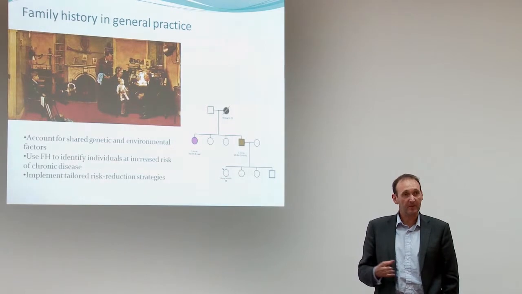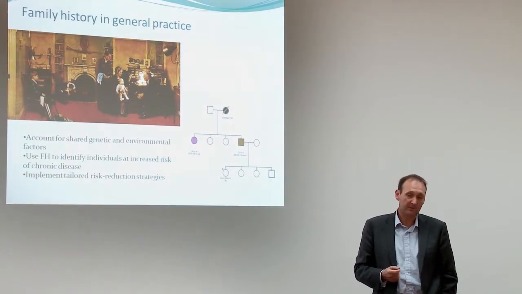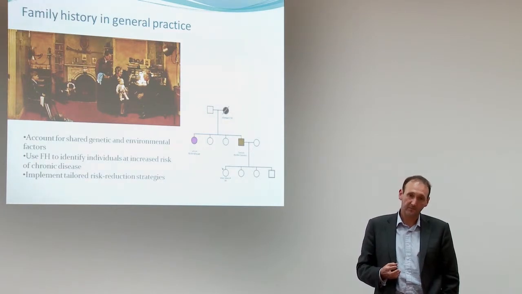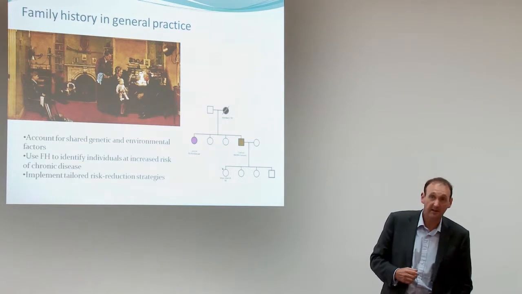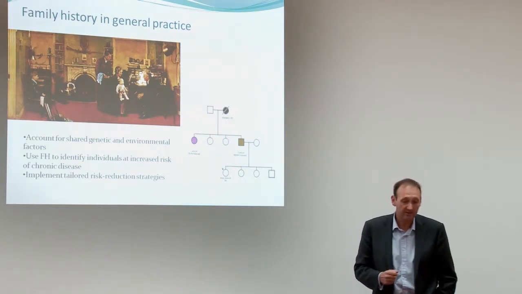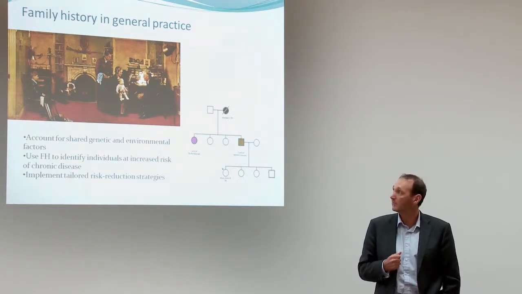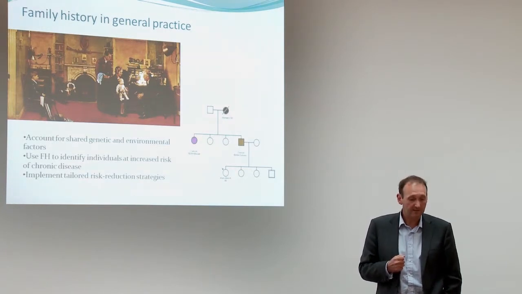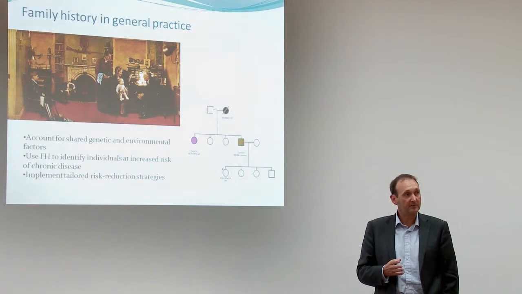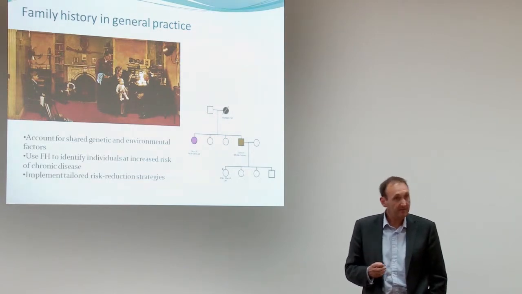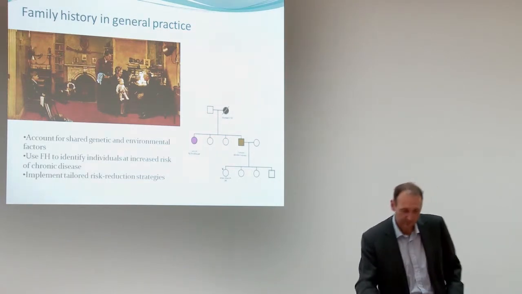Particularly as we've been unravelling the genetics of common disease, family history is still probably better than a lot of the genetic tests currently available. That will change, but it will always have an important role in assessing risk. So as we move towards a more tailored approach to disease prevention, family history is going to be an important part of that.